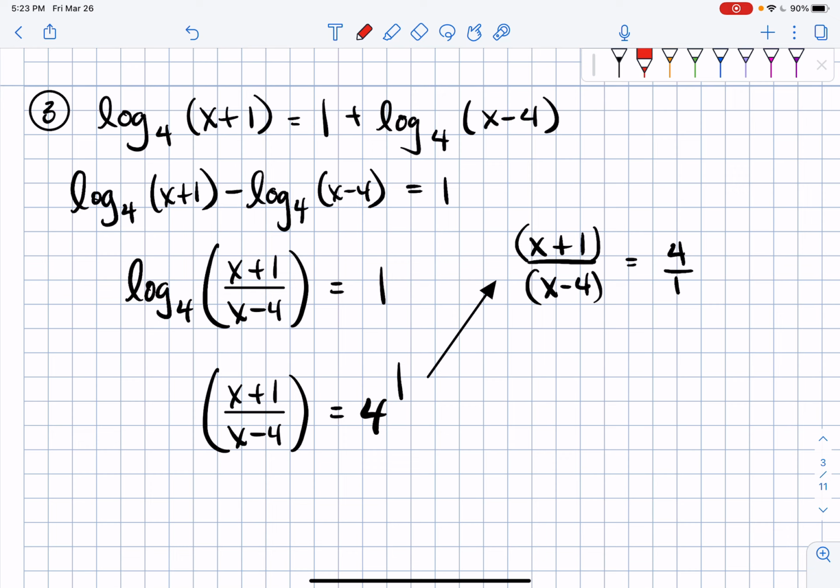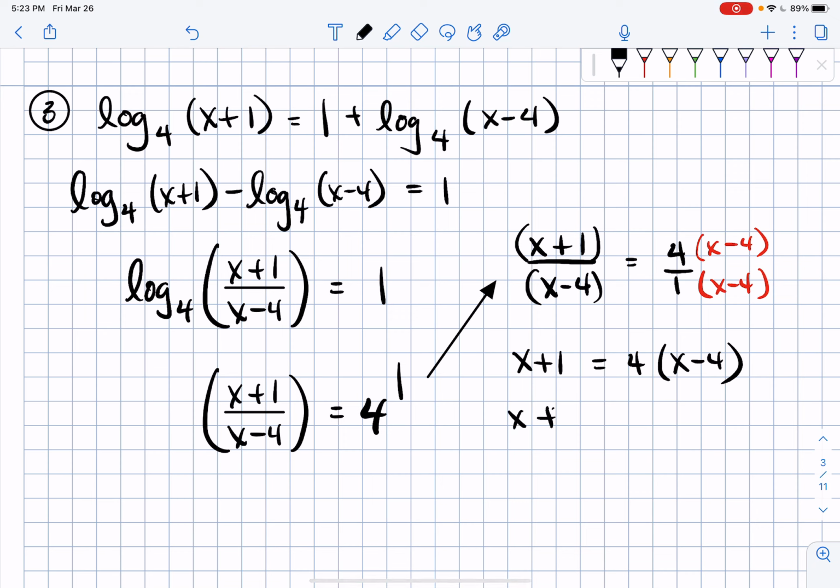What does she have that I don't have? In order to get rid of the denominators, I would multiply top and bottom here by x minus 4 so that they both have the same denominator. If the denominator is the same, that means the numerator is the same. So my new equation is x plus 1 is equal to 4 times x minus 4. Let's solve.